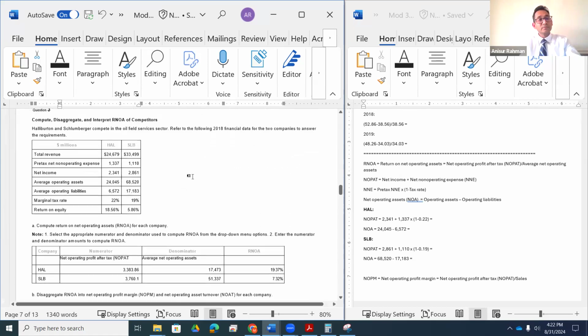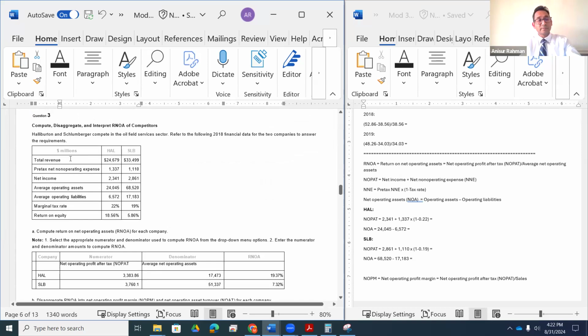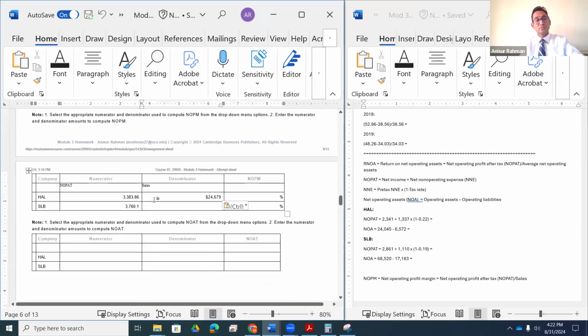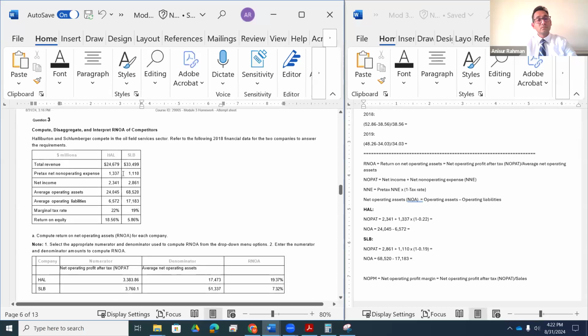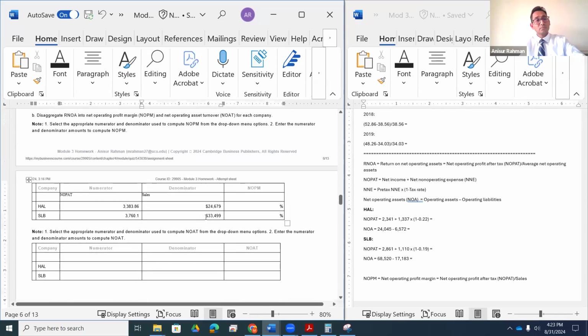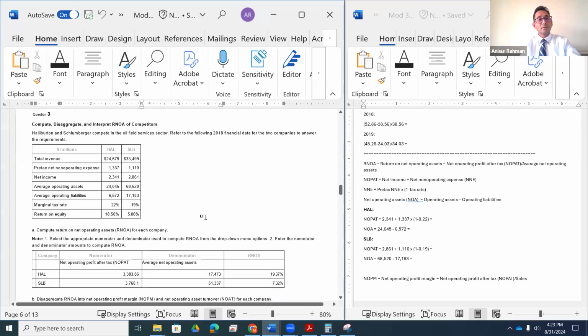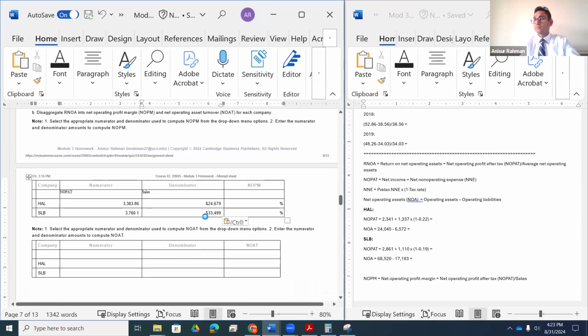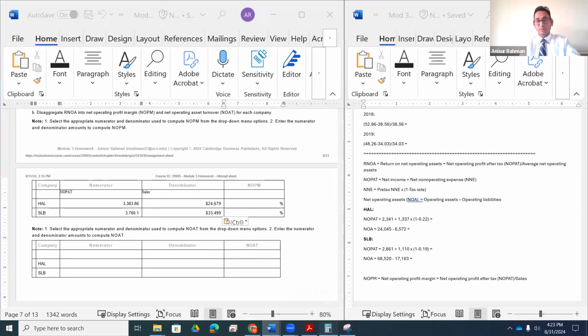And our sales, which is the same thing as revenue, I'm going to calculate them now.